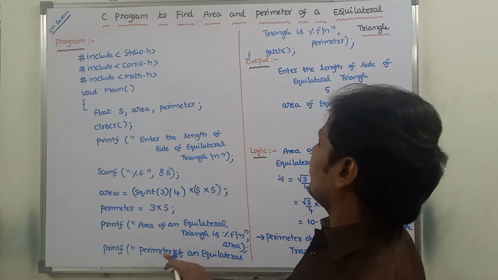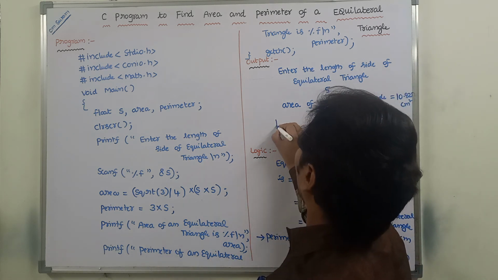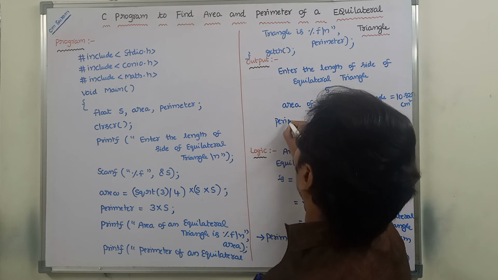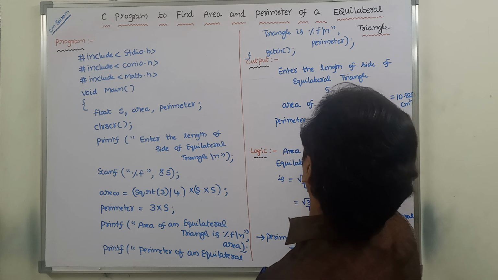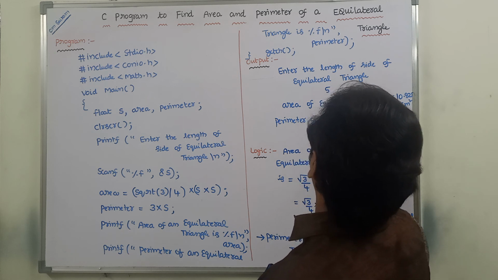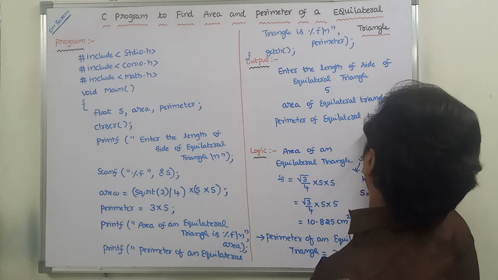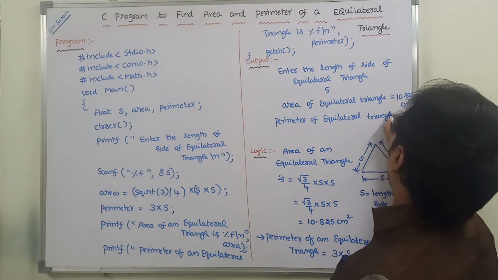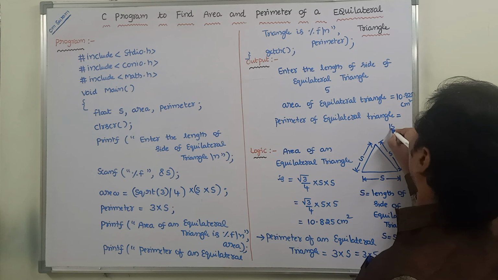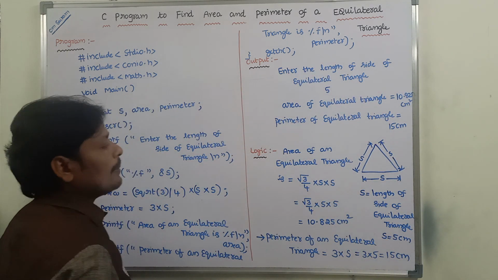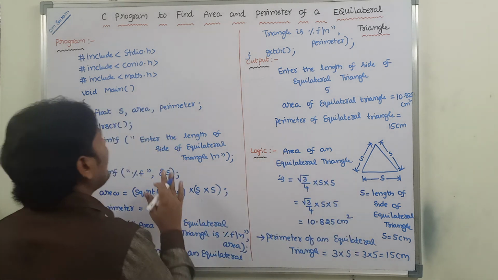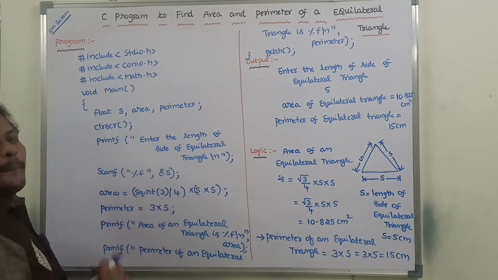Next, it prints the perimeter of the equilateral triangle. The perimeter of the equilateral triangle is equal to 15 centimeters. So this is the output of the program, this is the logic of the program, and this is the program.